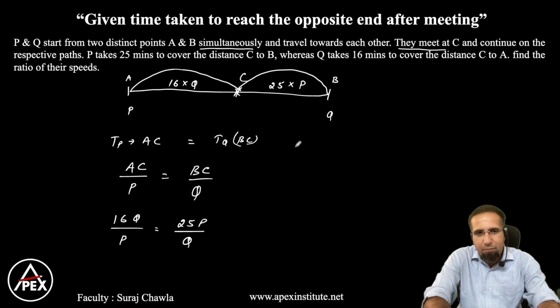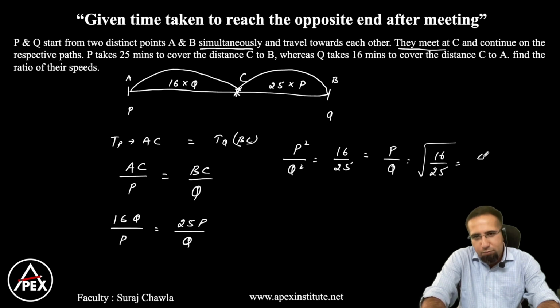So, when we cross multiply, we get P square by Q square is equal to 16 by 25, or P by Q is equal to root over 16 by 25. So you can remember this model.